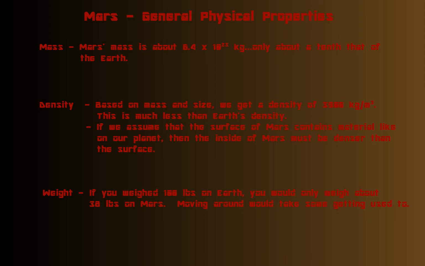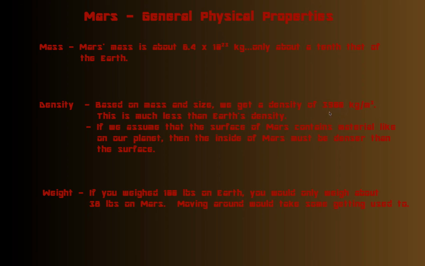So we can assume that the density of the materials on the surface of Mars is very similar to the density of those on Earth, and so that means that those surface materials are less dense than 3,900, which also means that if you go deeper into the planet, you'd have to have more dense material to average that out.